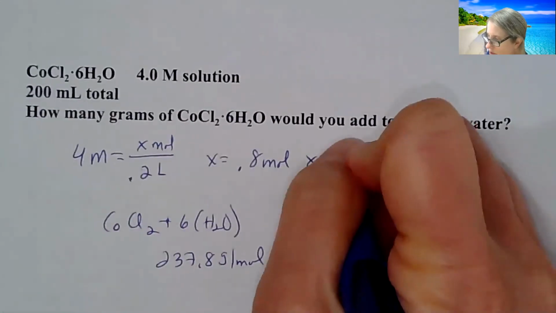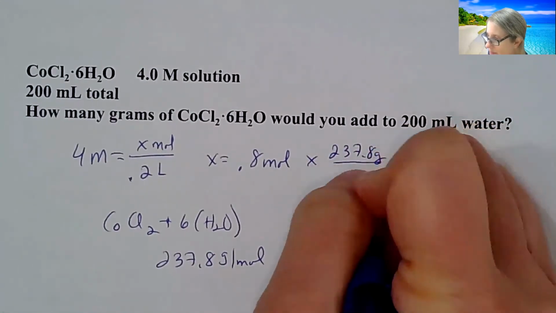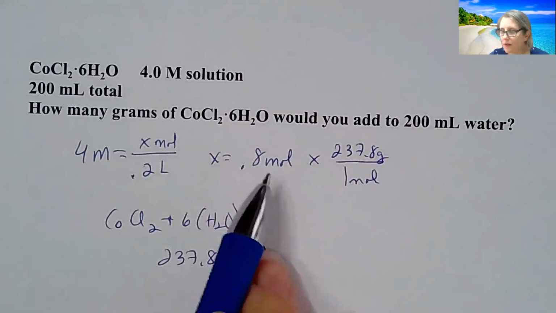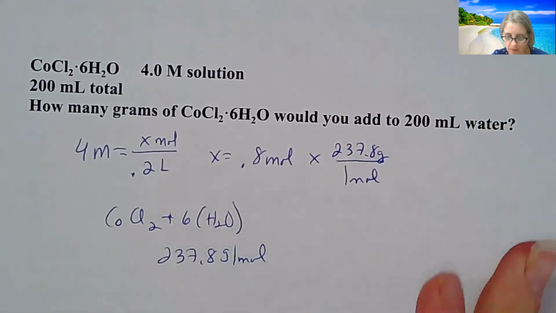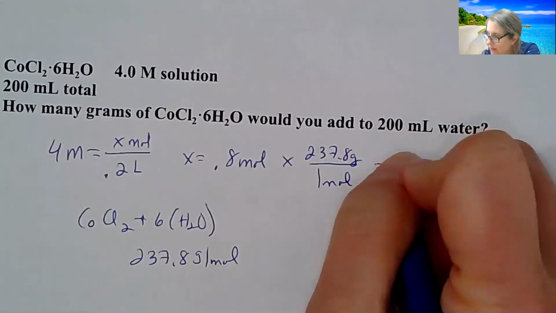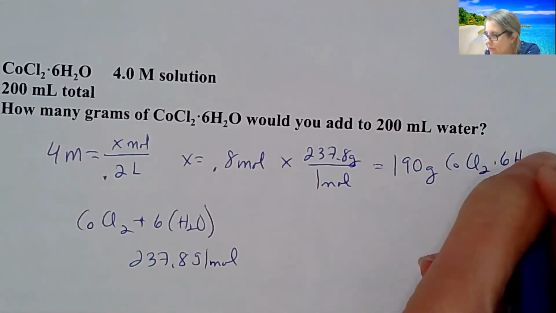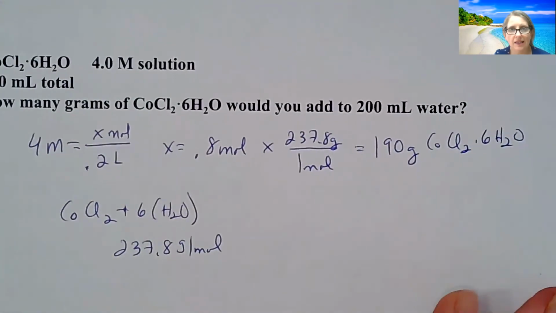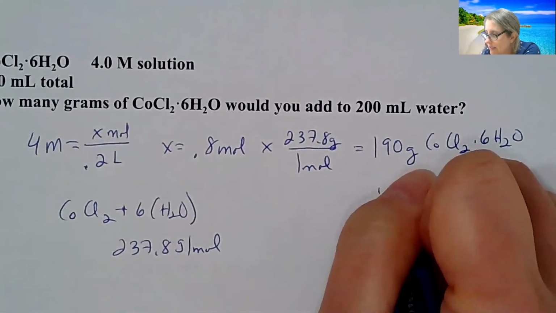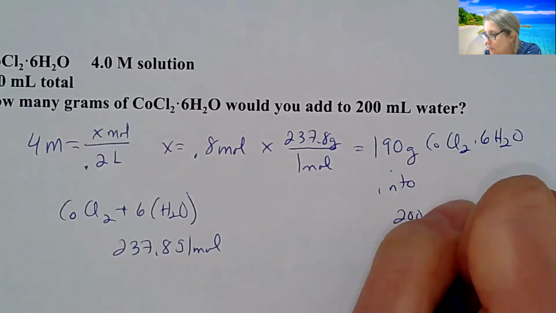So I'm going to take the 237.8 grams for every 1 mole. So if I only have 0.8, when I multiply this, it's around 190 grams of the cobalt chloride hexahydrate that I need to add. And it's going into the 200 mLs of water.